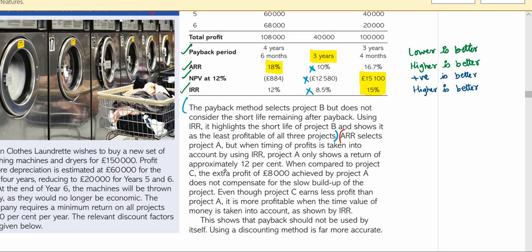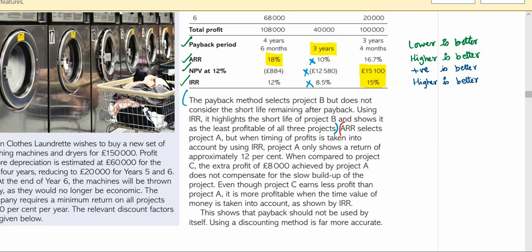When compared to project C, the extra profit of 8,000 achieved by project A doesn't compensate for the slow build up of the project. Even though project C earns less profit than project A, it is more profitable when the time value of money is taken into account, as shown by IRR. So as per time value of money, project A has the negative impact.